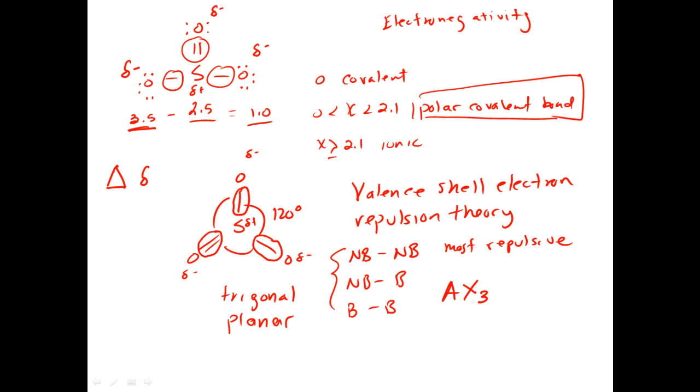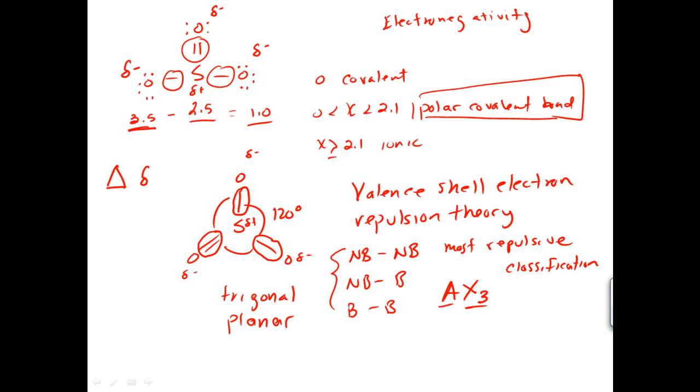Now you go, what does this mean? A stands for the central atom, and the X3 represents the bonding electrons coming off the central atom. Again, no distinguishing between double and single. So knowing that this is called the classification, the book doesn't really talk about this, but I find it very helpful in determining geometry.